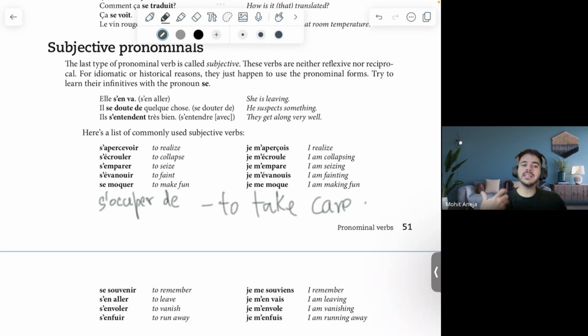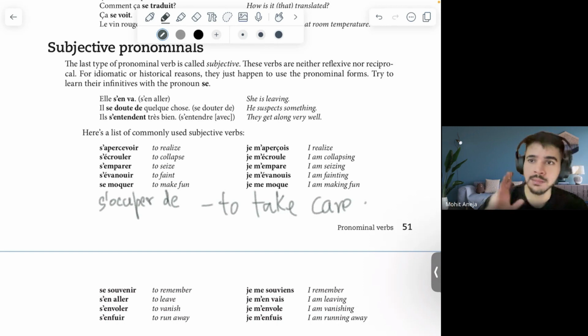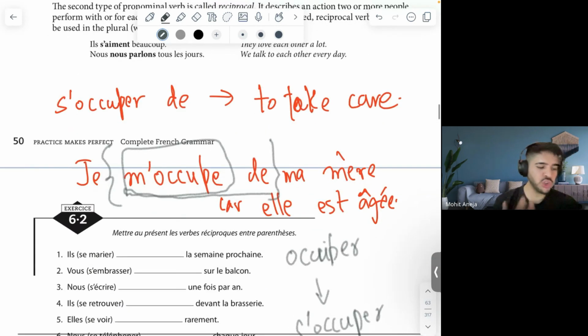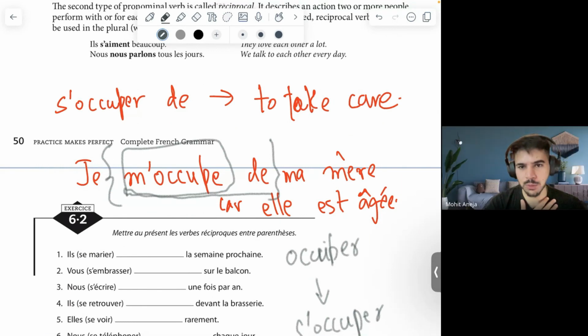Subjective is when the pronominal verb, the entire thing, is actually an idiom. Occupy means something, but as I told you, in s'occuper the meaning changes completely. S'occuper became an idiom which means to take care of someone. So when you are saying je m'occupe de ma mère, I'm not transferring the action to myself, but why am I saying de ma mère?